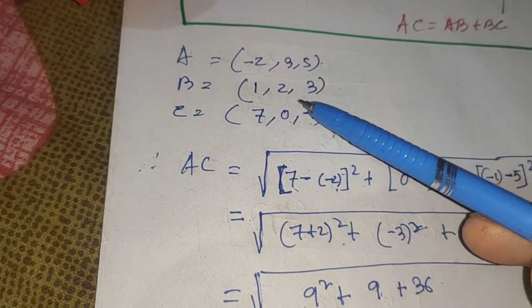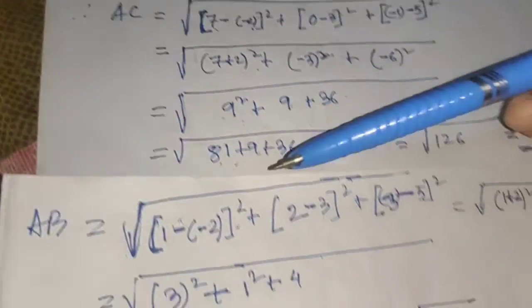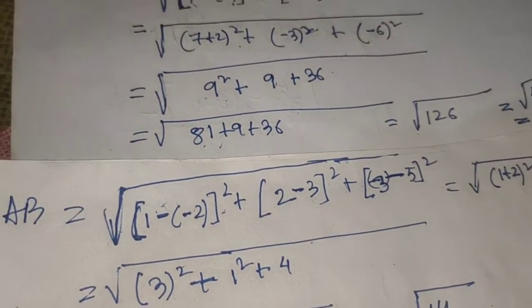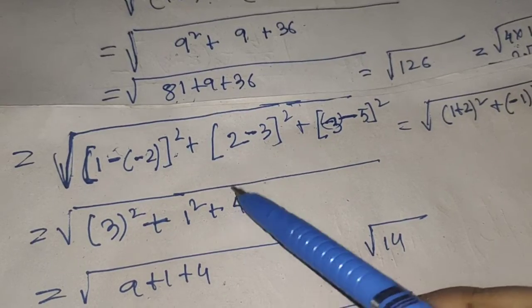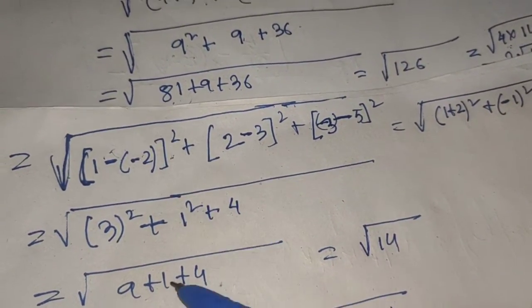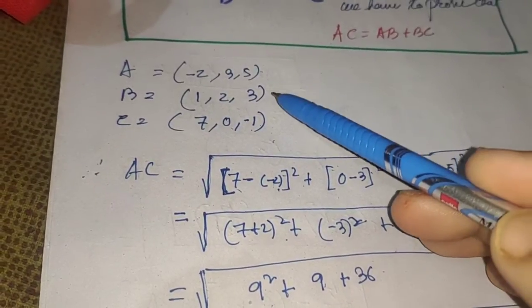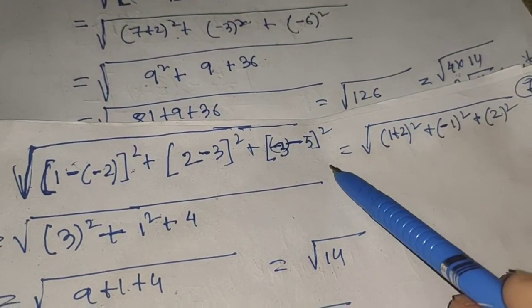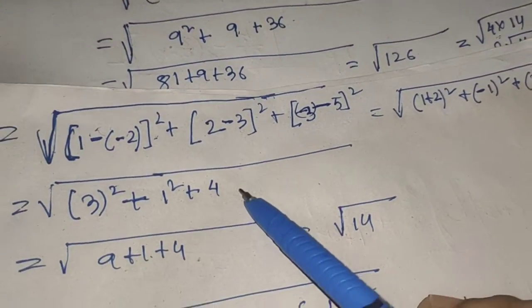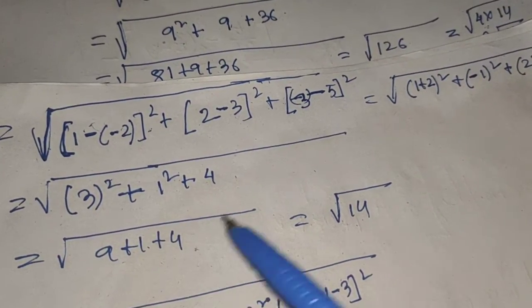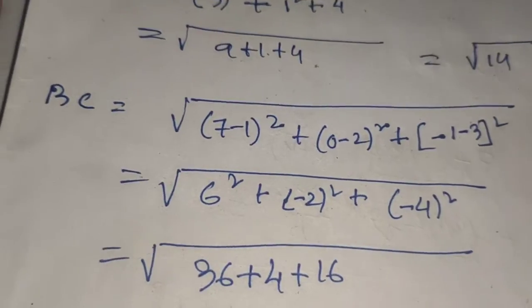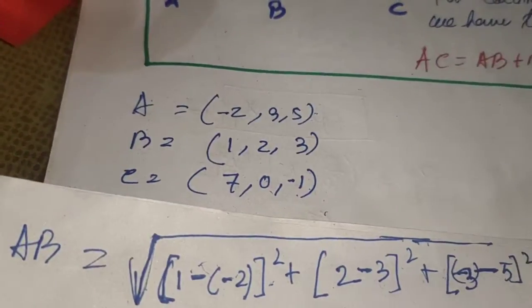Next, y2 is 2 minus 3, so (2 minus 3) whole square means (-1) whole square, which is 1. Next, the last one is 3 minus 5, which is -2, and (-2) whole square means 4. So it is 9 plus 1 plus 4, which equals root 14 units.